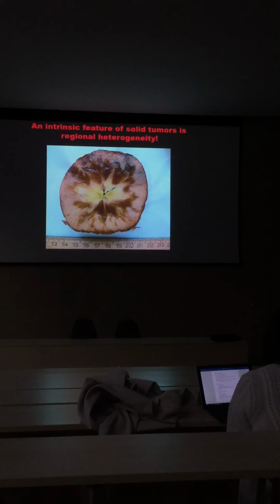So sampling is of utmost importance. It's enough to think of, if I put my needle here, here, here, or just to the edge, my diagnosis will be different. Not to mention the prognosis.